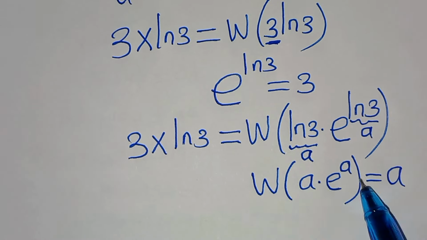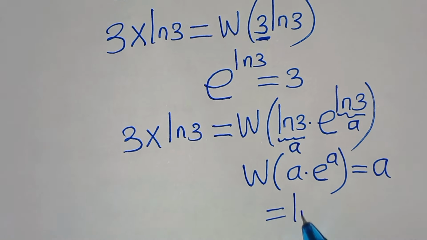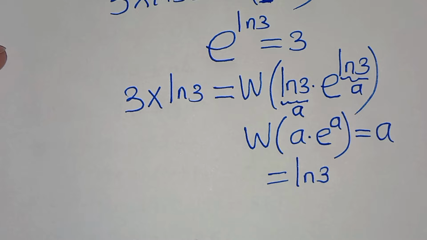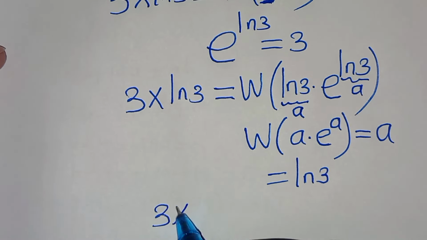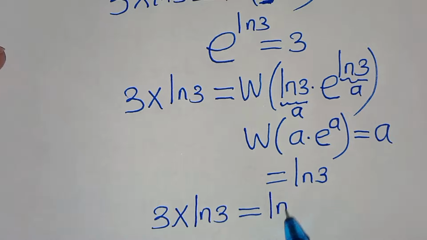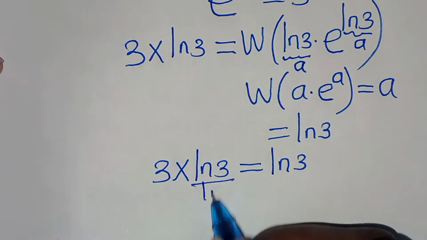Applying this, on the right hand side we have ln of 3. So the left hand side, 3x ln of 3, is equal to ln of 3. Let's divide both sides by ln of 3.